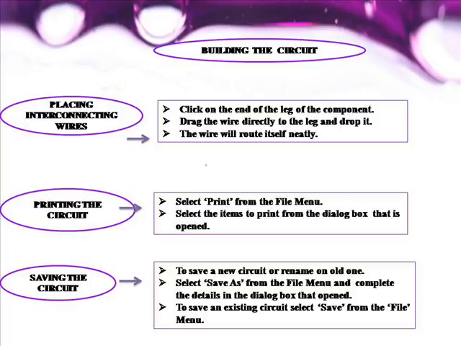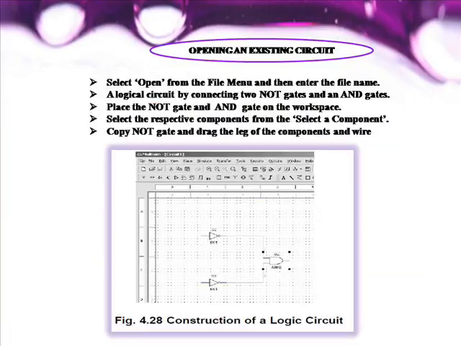To save a new circuit or rename an old one, select Save As from the File menu and complete the details in the dialog box that opens. To save an existing circuit, select the Save option from the File menu. Opening an existing circuit. Select Open from the File menu and then enter the file name.